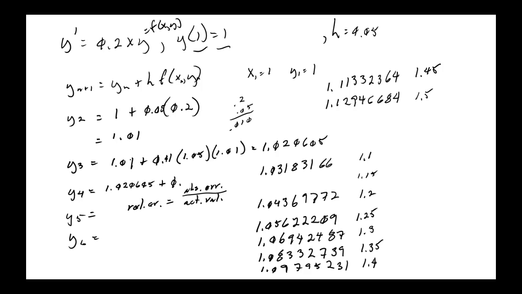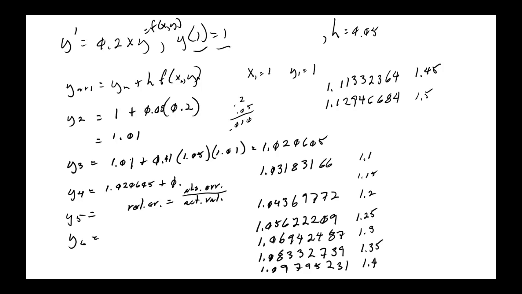So our absolute error was 0.0012, and the relative error is 0.12%, which is very, very small. But at our 1.1 here, using the table in the book, we're off by 0.0006. That was this value here. And there, our relative error is 0.06%, which is an even better number.